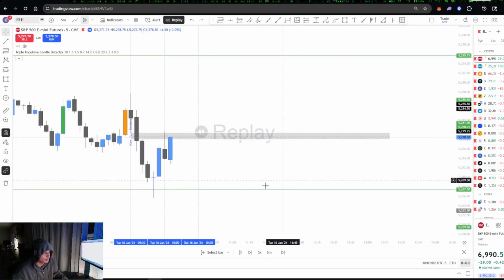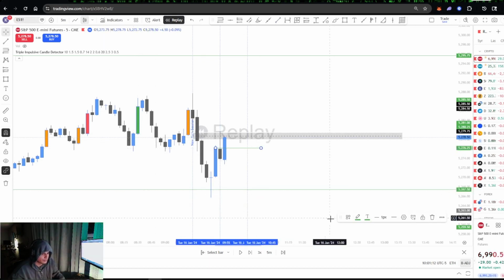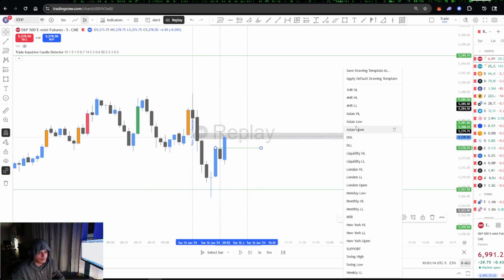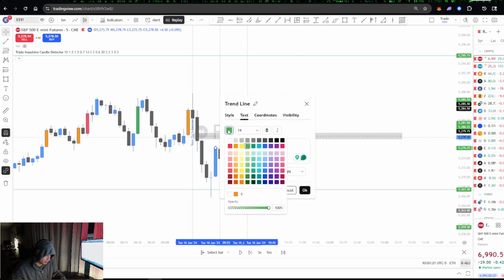So if that happens, let me see. In this situation, this would have been a break of structure here. Break of structure. Let's put BOS.